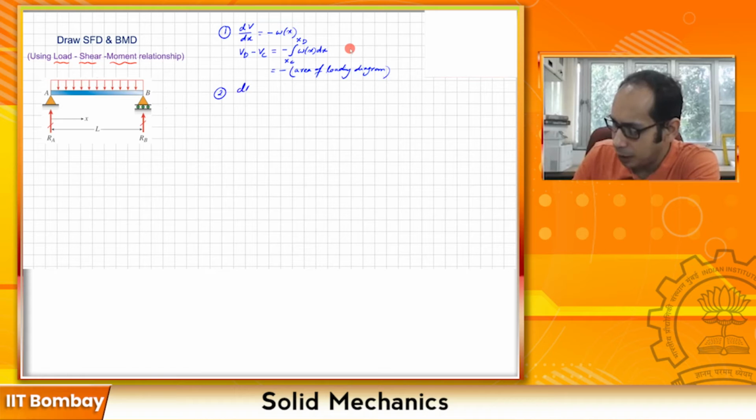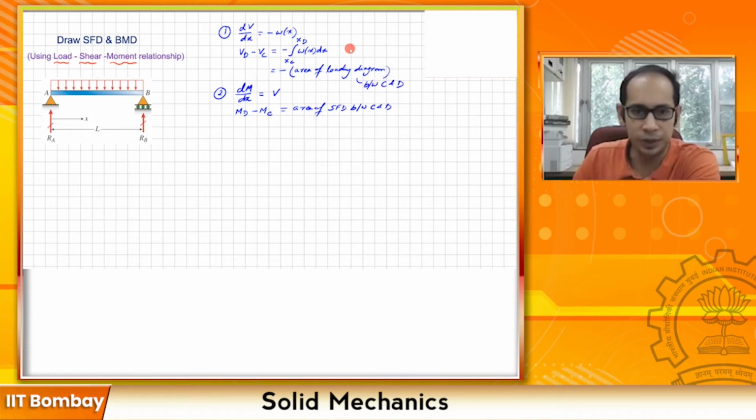We had dM/dx equals V, and correspondingly M_D minus M_C was the area of the shear force diagram between C and D.